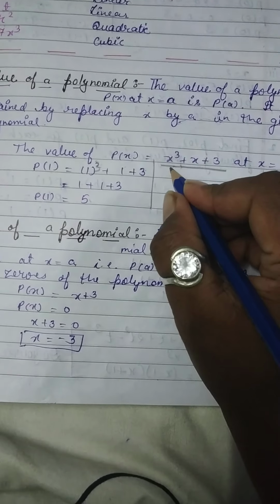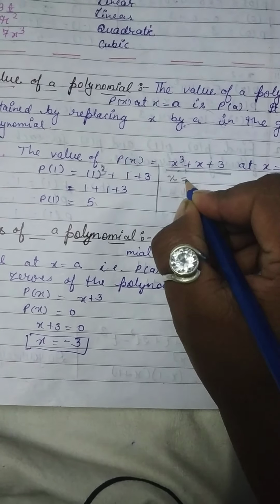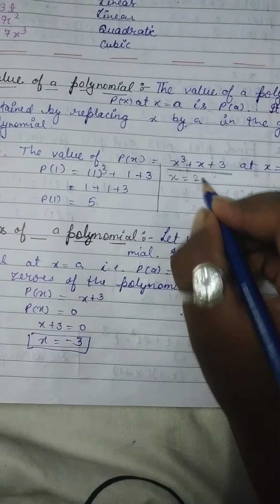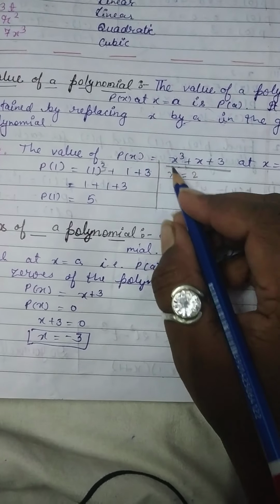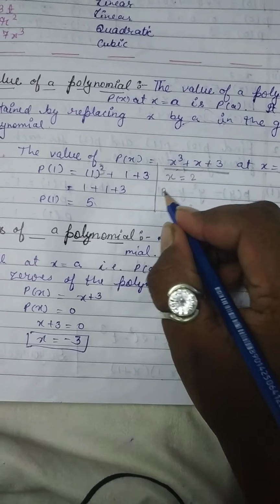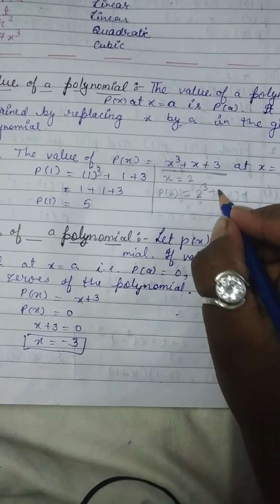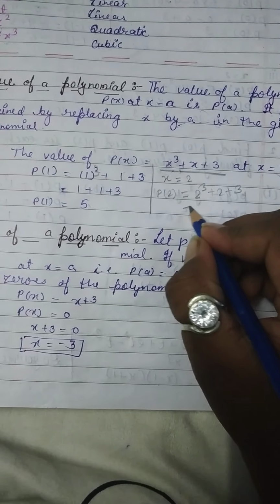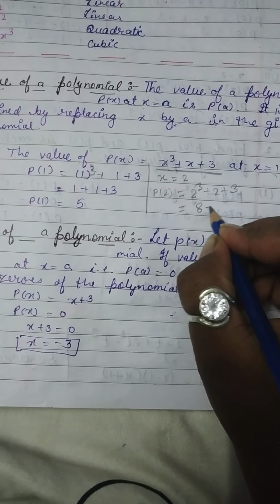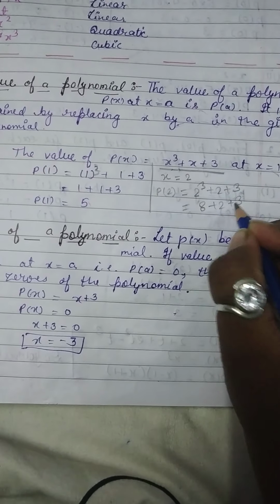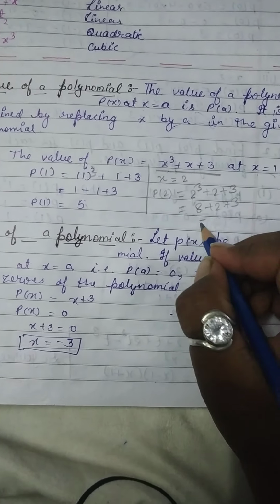Okay, and another example, x is equal to 2. Putting x equal to 2 in this polynomial, P(2) is equal to 2 cube plus 2 plus 3. 2 cube is 8, plus 2 plus 3, that is 10 and 13.